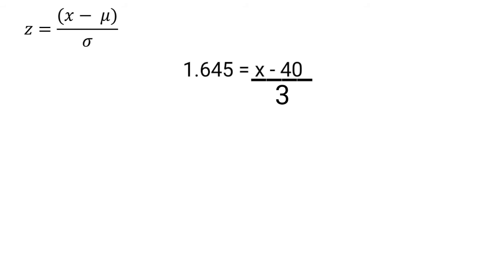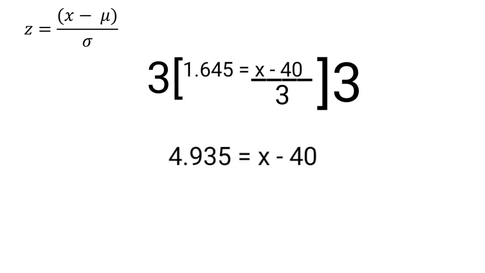To eliminate the denominator on the other side of the equation, we must multiply both sides by the number in the denominator, which is 3. 3 times 1.645 is 4.935. x minus 40 over 3, multiplied by 3 is x minus 40, as the 3 cancels. Now we must equate this equation to find the value of x.